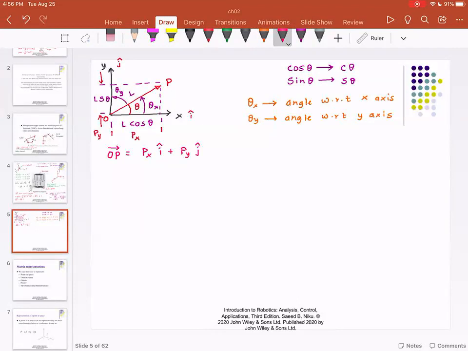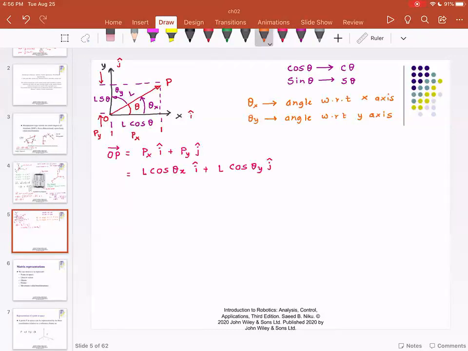Now I'm going to rewrite this as L cosine of theta x i plus L cosine of theta y j. Something interesting just happened.